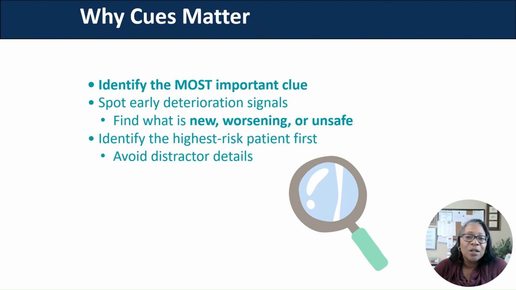So this section is all about training your brain to read questions like a clinical detective. Someone who doesn't get distracted by the noise, but instead asks, what is the one thing that indicates danger? What pattern is emerging? What changed from last time? And once you learn to find the uh-ohs, your accuracy skyrockets.